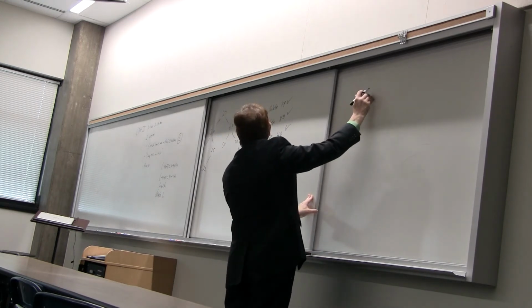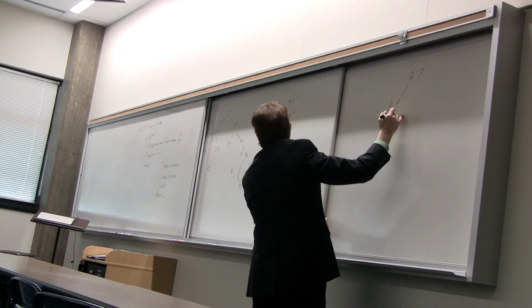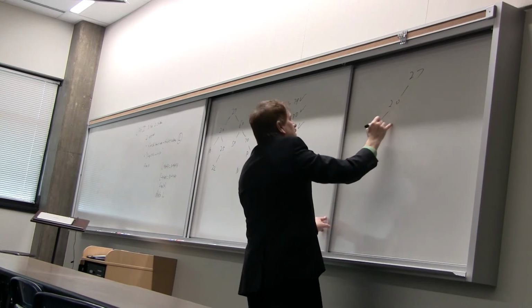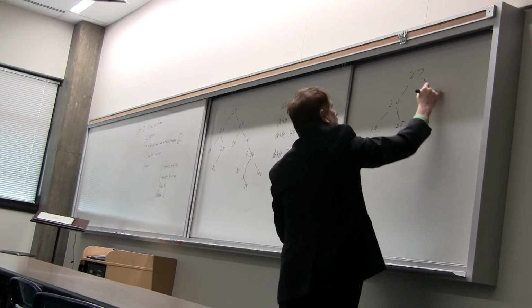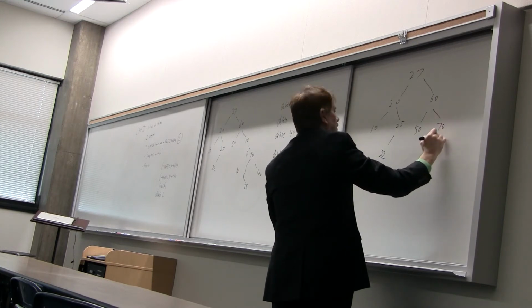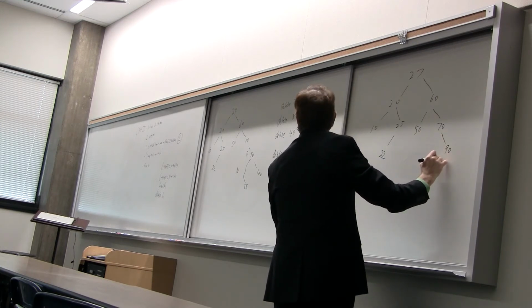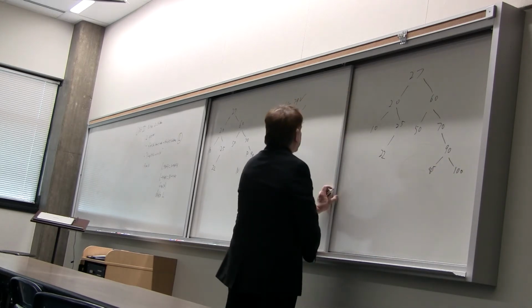So we've got 27, 20, 10, 25, 22, and then other stuff over here. N was a temporary, right? Yeah, everything's temporary except the original root.